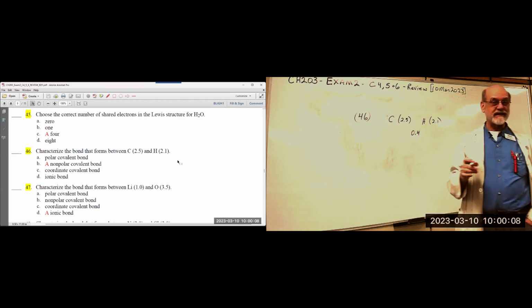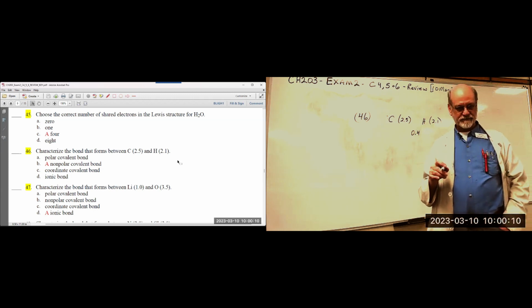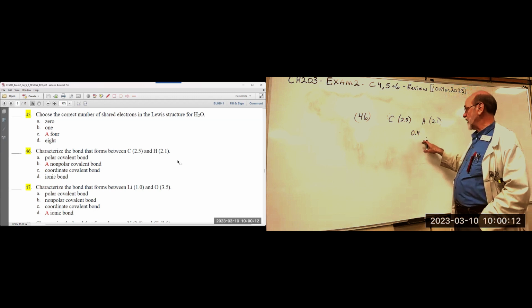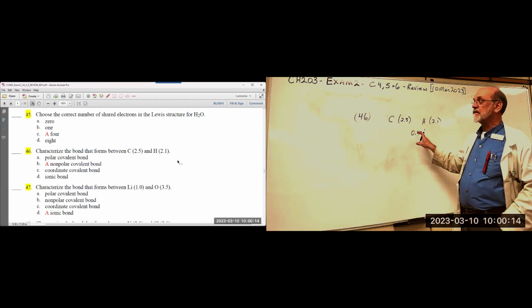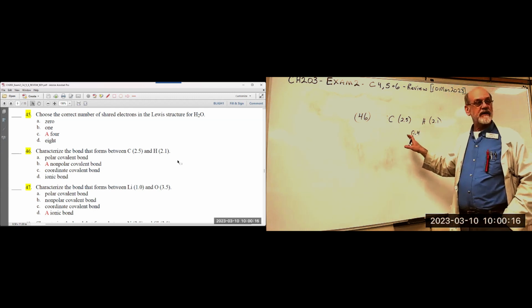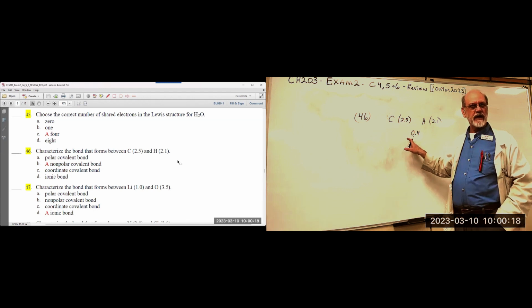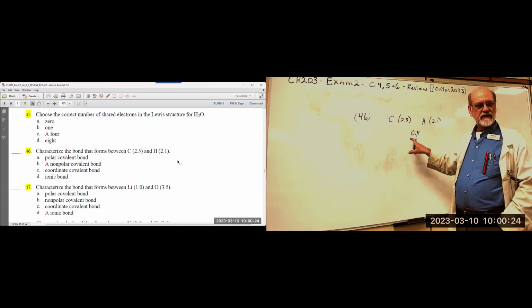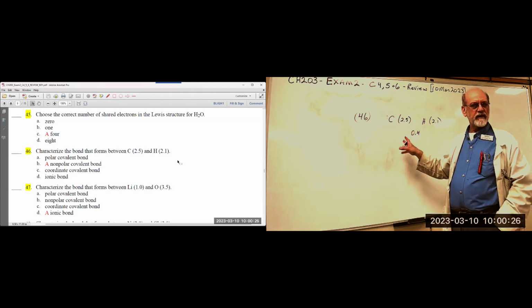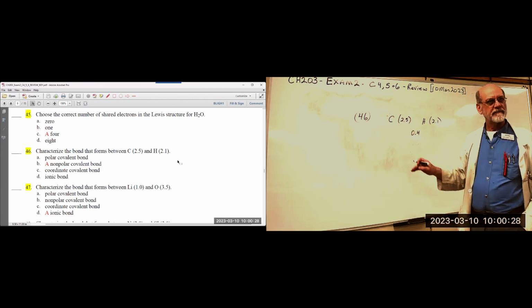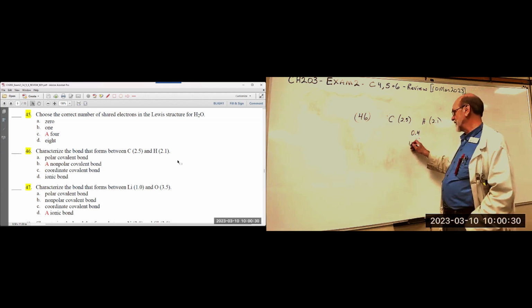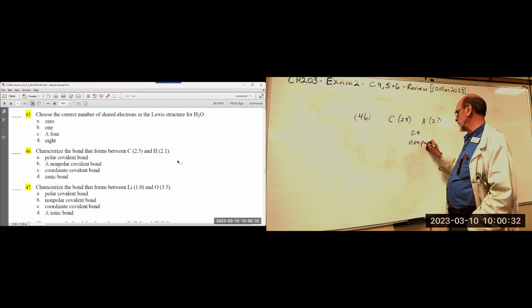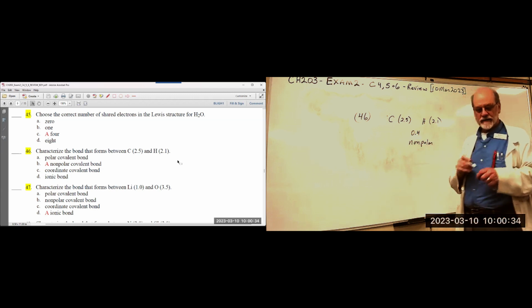So what does that make it? Well, it makes it a covalent bond. The difference isn't big enough to be ionic. We got to be over 1.2, I think. So it's covalent, but is it polar covalent or non-polar covalent? It's non-polar covalent.